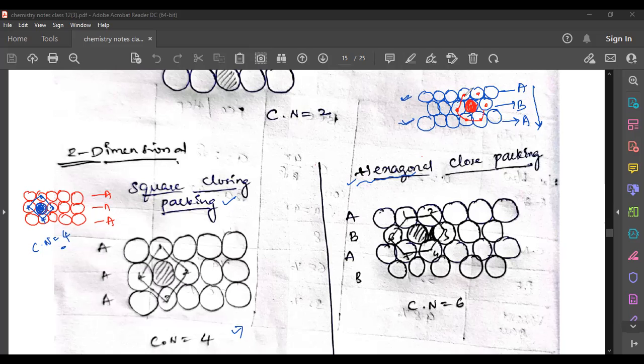So these six atoms are directly in contact with this center atom, right? That means the coordination number is how much? 6. Clear? The coordination number will be 6 in the case of hexagonal close packing. Fine.